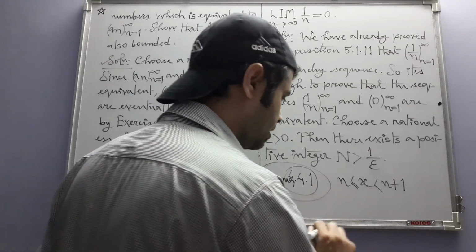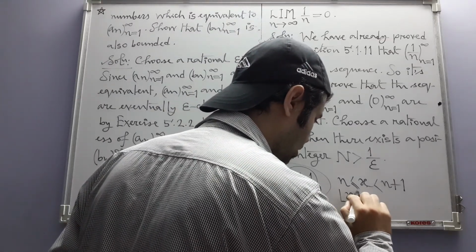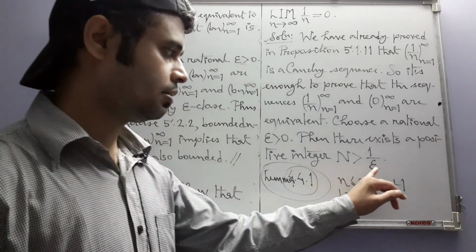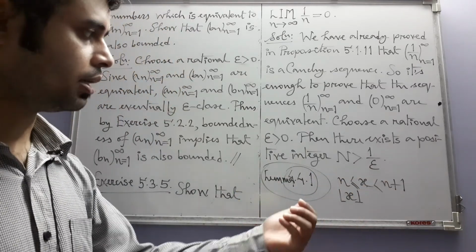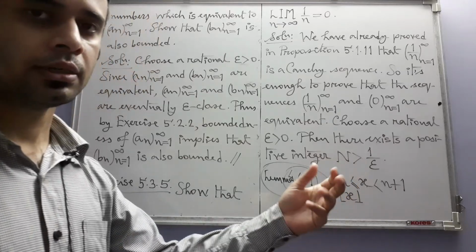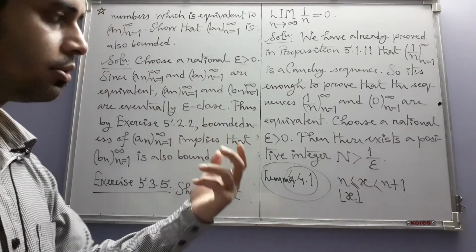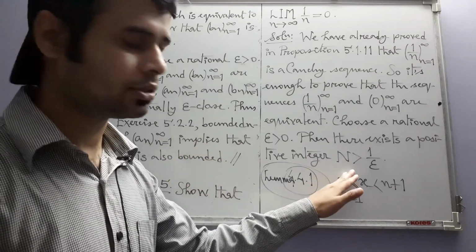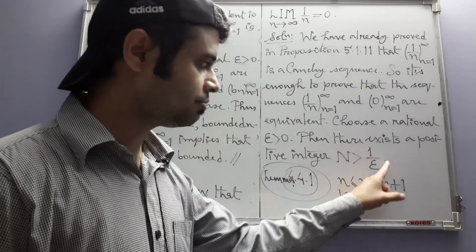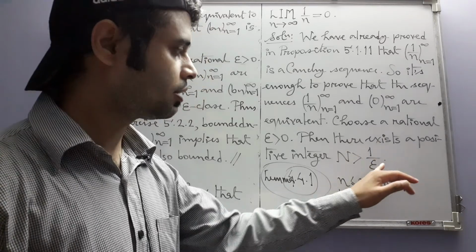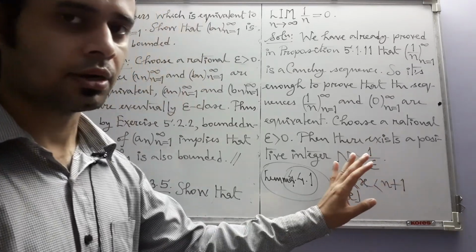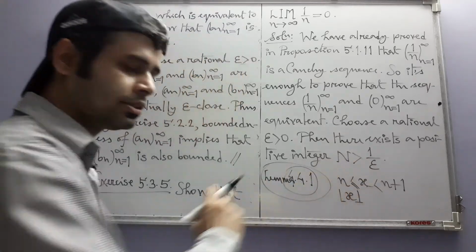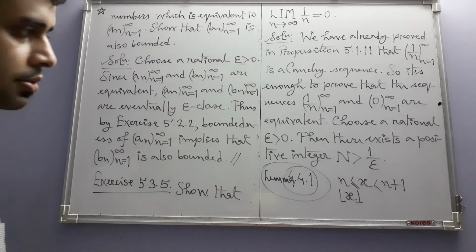And in fact this n we called the integer part of x. In that lemma you will see that for every rational number you can choose a positive integer that is greater than that rational number. So there is no largest rational number. It's that result that we have used here. Now our rational number is this 1 over epsilon. So for that also we can find a positive integer that is greater than 1 over epsilon.